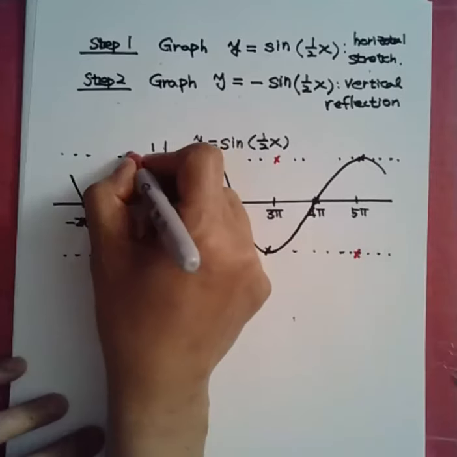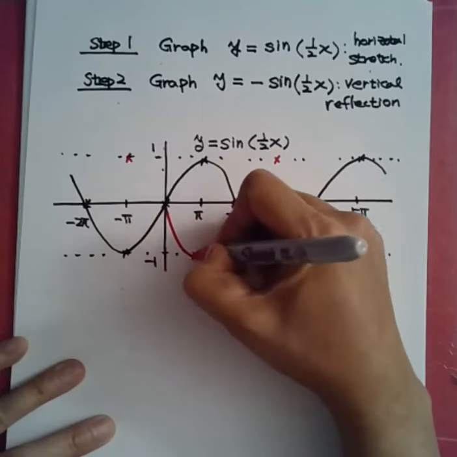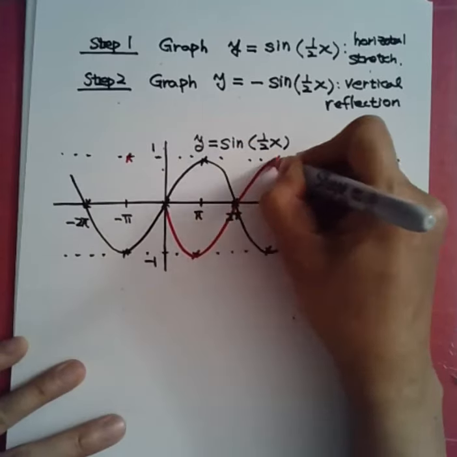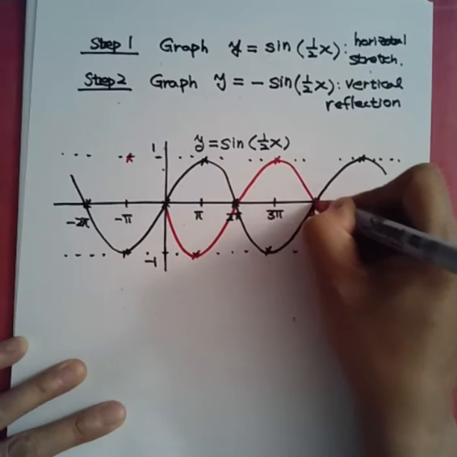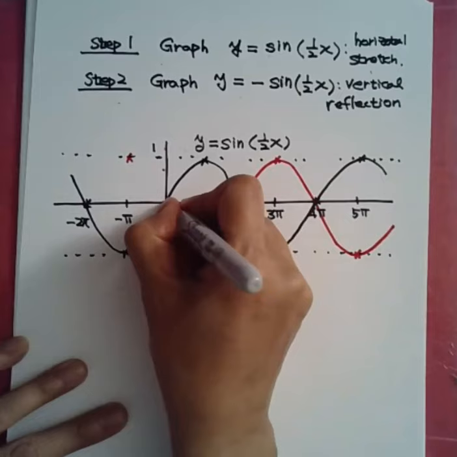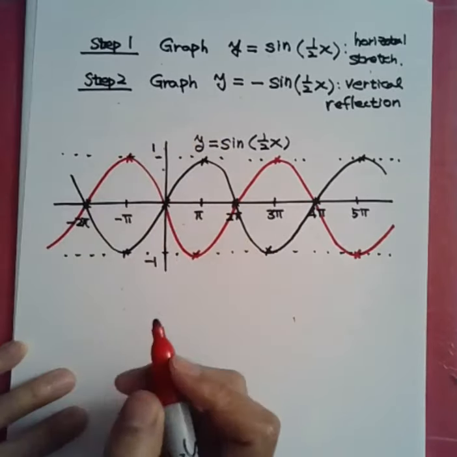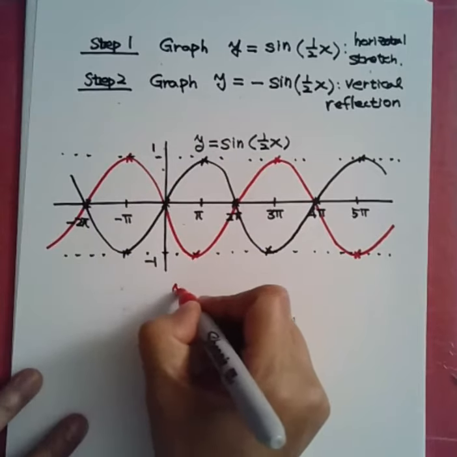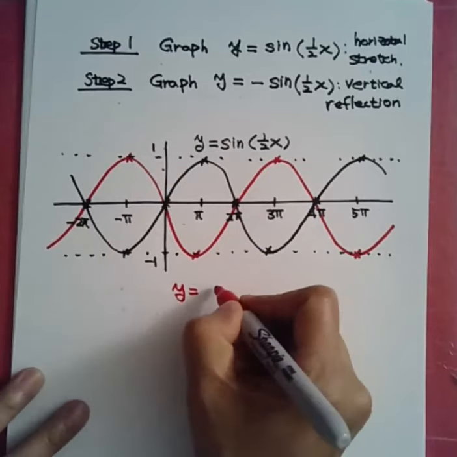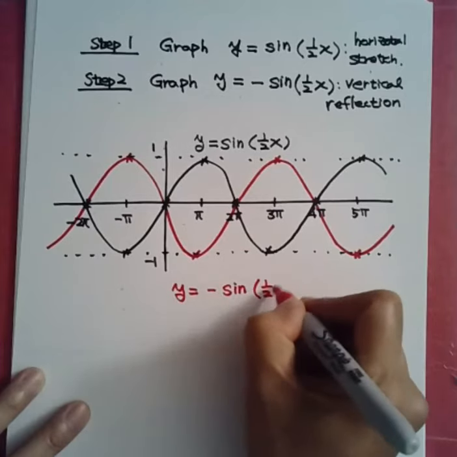But zeros will stay as they are. This red graph is the final answer: y equals minus sine of 1/2 x.